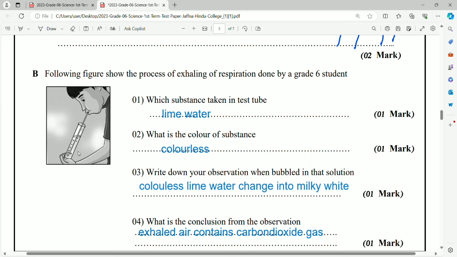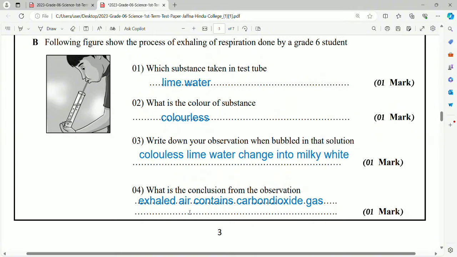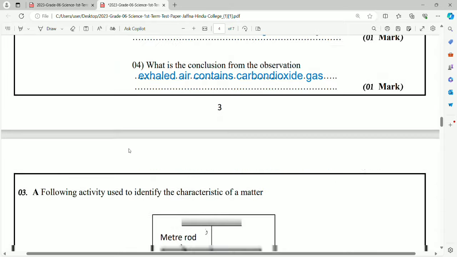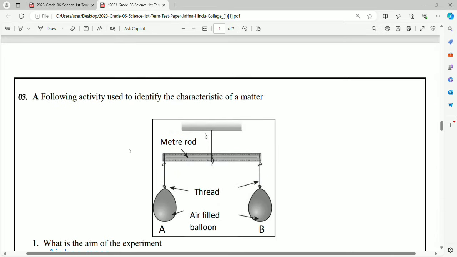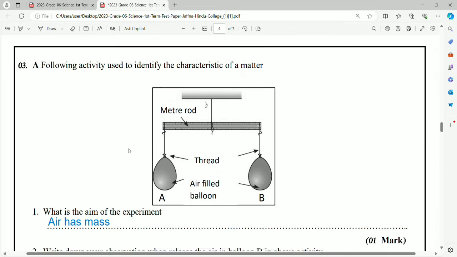What is the conclusion from the observation? Carbon dioxide gas is present in the exhaled air. Exhaled air contains carbon dioxide gas. This is the conclusion.